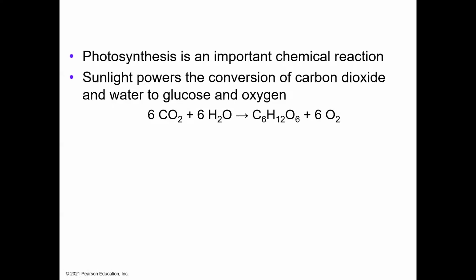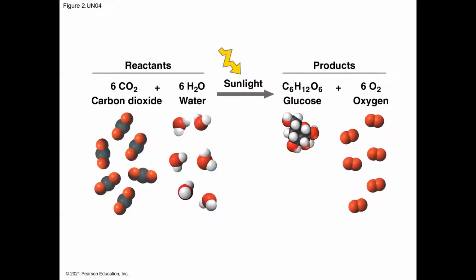Now, some reactions can go both ways. And as I said, some reactions consume energy, some reactions release energy. For the photosynthesis reaction, the energy comes from the sunlight, right? So sunlight is the one that actually makes this happen.